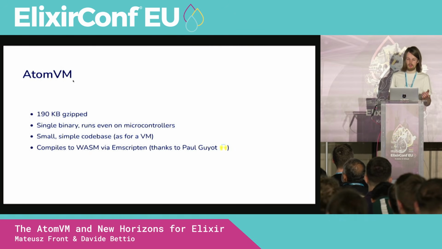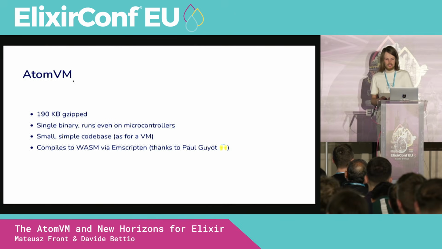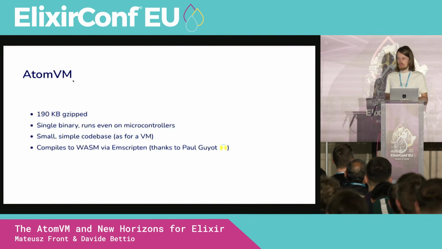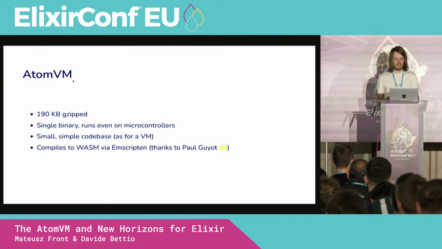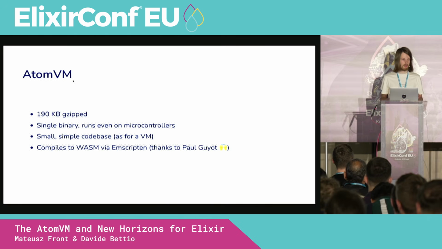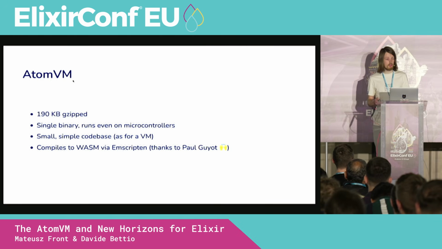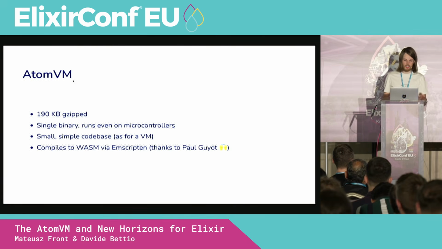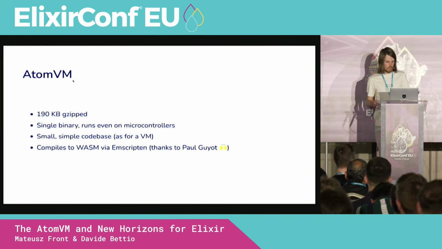It's not small and simple, that's not true. However, as for a virtual machine, it's quite understandable and you can wrap your head around it in reasonable time. And what is important, it also ships with the mechanism to compile it to WASM via Emscripten, thanks to Paul, who did this and other great contributions to the AtomVM.